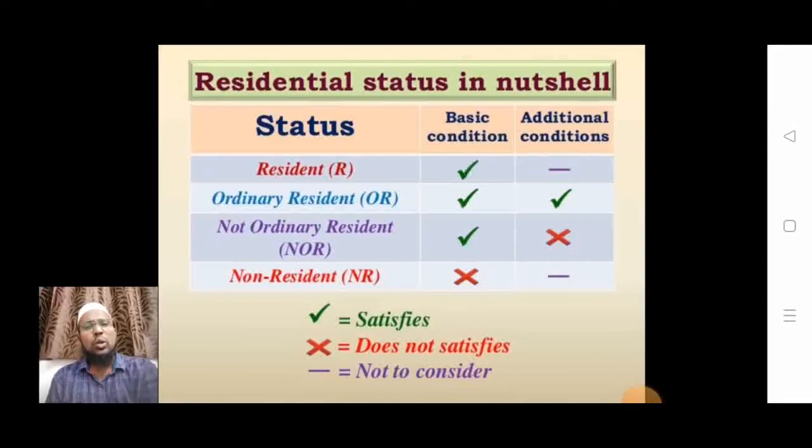A person who is not ordinary resident only satisfies the basic condition, he couldn't satisfy the additional condition. If a person is NRI, he couldn't satisfy the basic condition, so we couldn't see directly the additional condition.